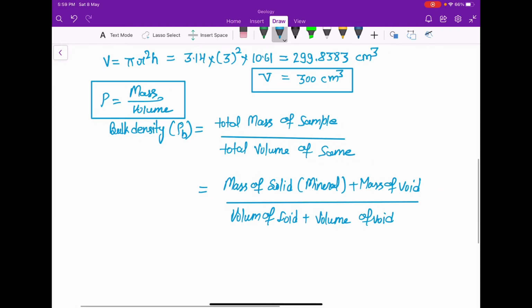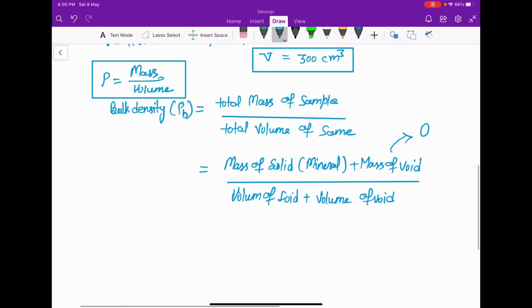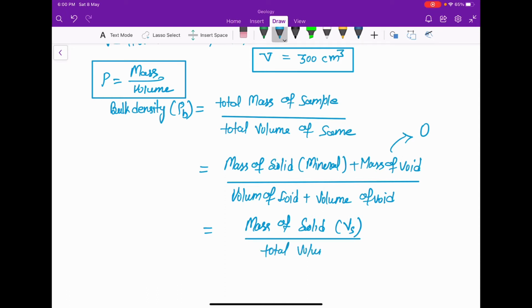But here we put the mass of void as 0, because the void is filled with air, not water. So only the mass of solid, divided by the total volume, gives the bulk density.